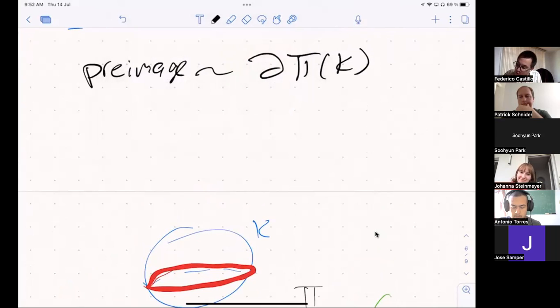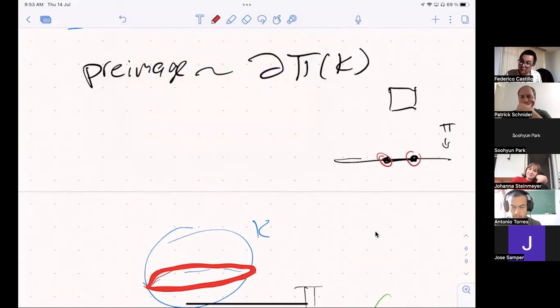You have a square, you project to a line, and your image, this is your pi going down, is a segment. Now the segment has a boundary of just 2 points, and this thing is not inducing a homeomorphism between these 2 points and their pre-images. Okay, that can go wrong.